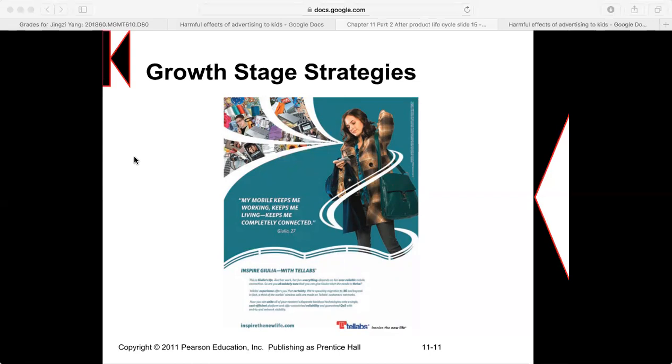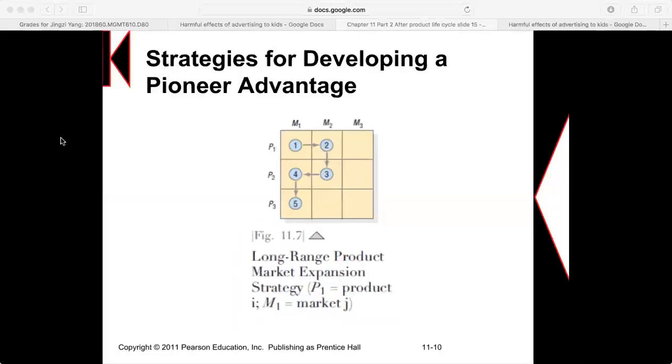Then they launched a third product in the first market, called P3M1. If this game plan works, the pioneer firm will own a good part of the first two segments and serve them with two or three products. We're going to talk about the growth stage strategies for a while.